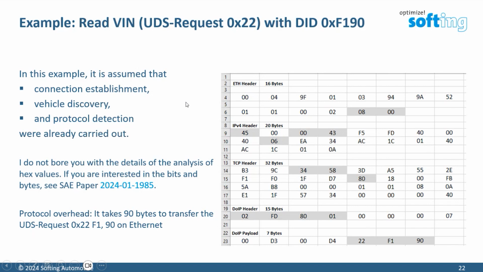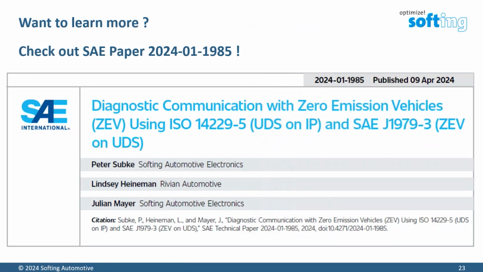So I also do not dig into the details here now, but if you would like to get information about what the 08 and 00 mean here, or what this 80 means, and so on, I recommend that you go to the SAE bookstore or SAE store and check out this SAE paper. The paper has been published in April.